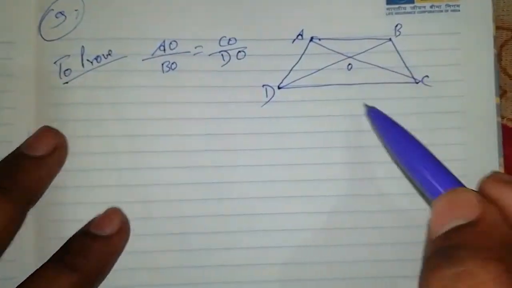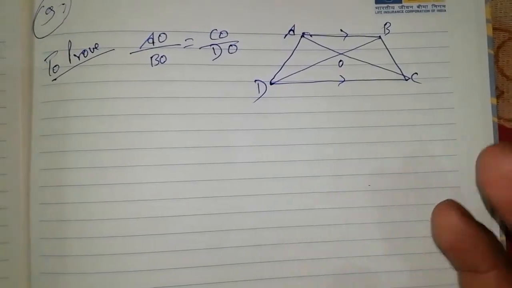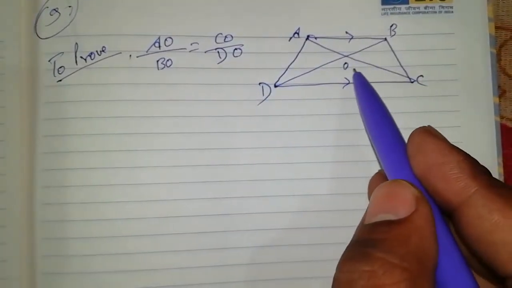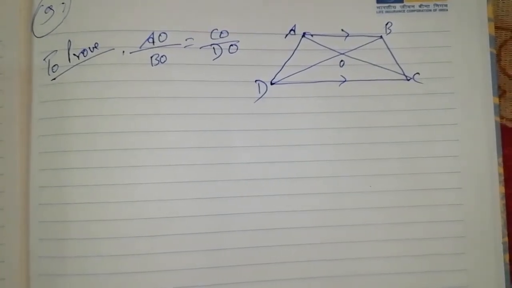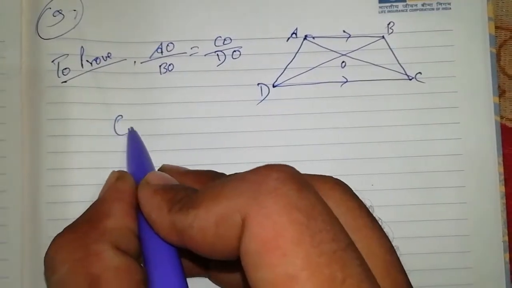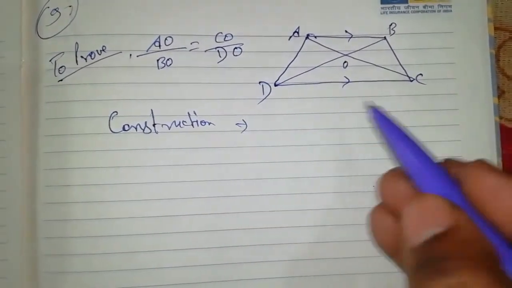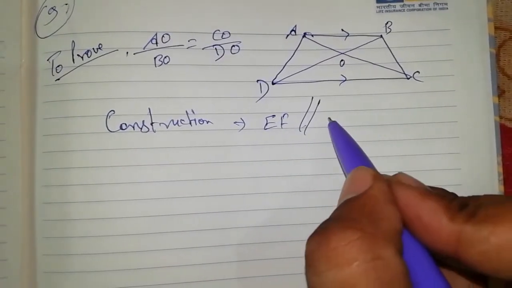In this question, this is the trapezium. It means that AB is parallel to CD, which is already given. So we need to prove this, where its diagonals intersect at O. What we need here is a construction. So what is the construction? We will draw a line EF which is parallel to CD.